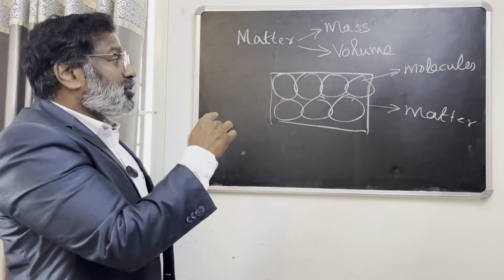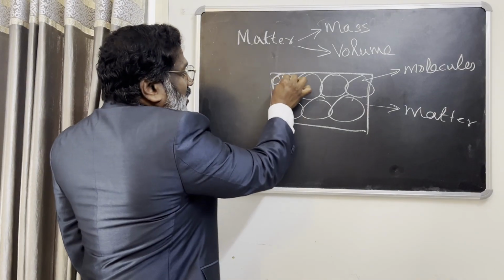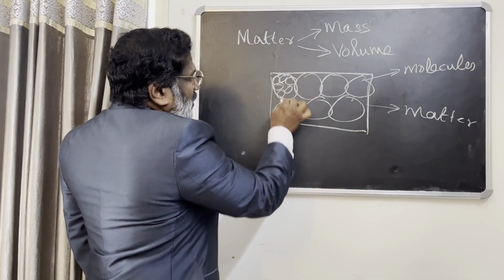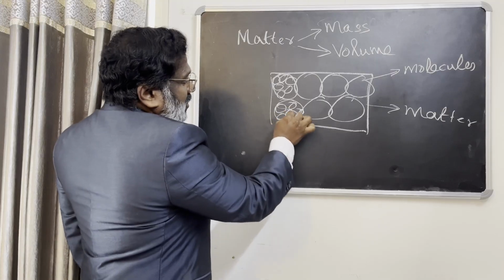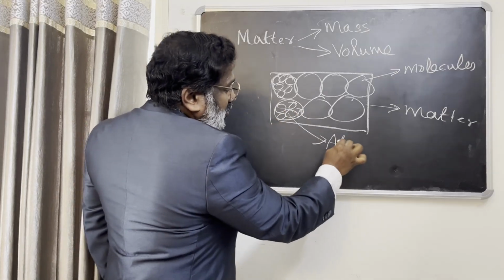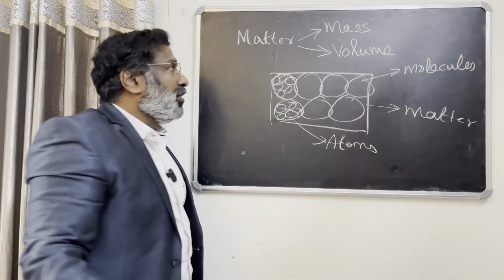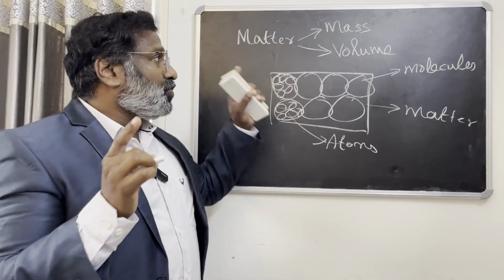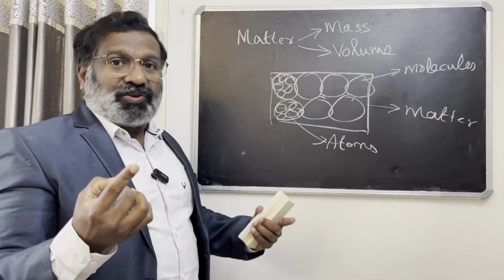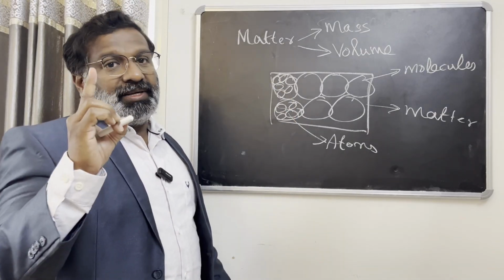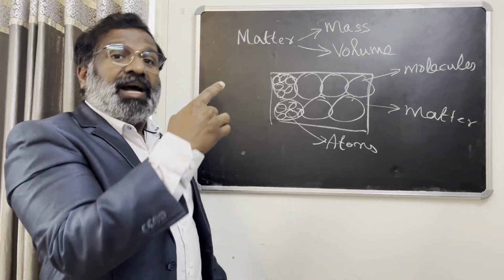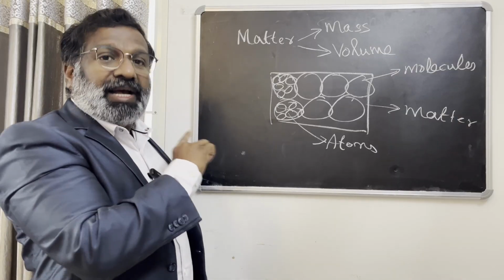And these molecules in turn are composed of tiny particles called atoms. So anything that has mass and occupies space is called matter, and all matter is composed of molecules, and molecules in turn are composed of atoms.